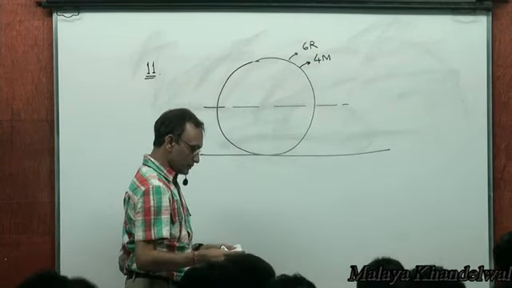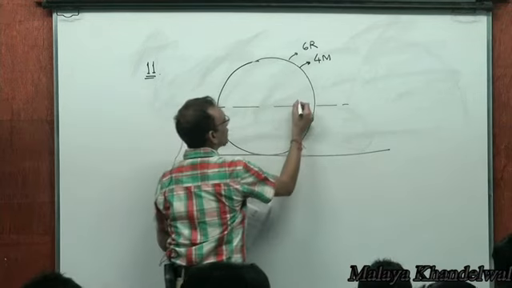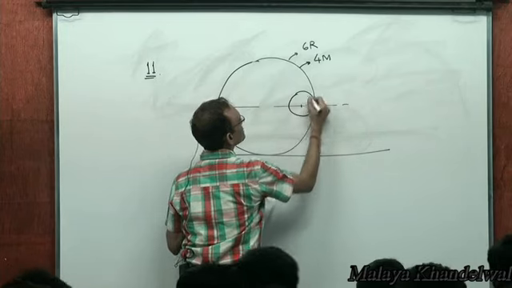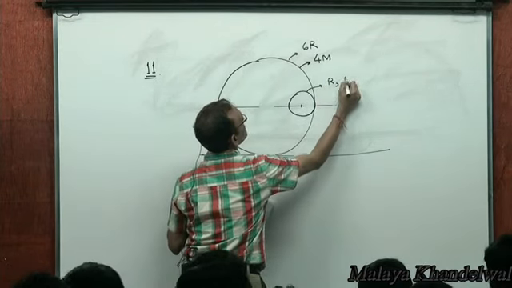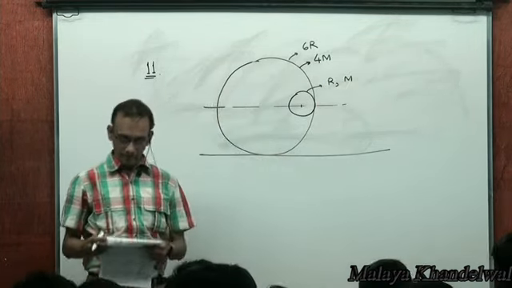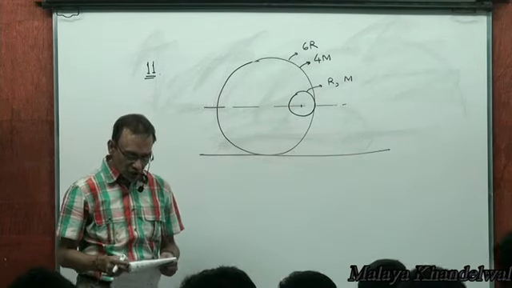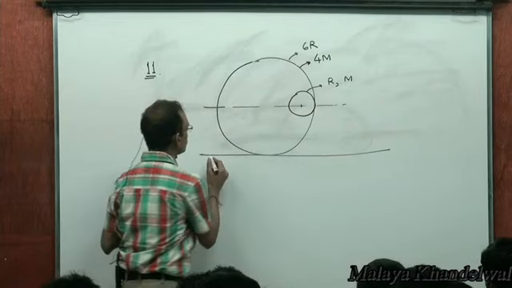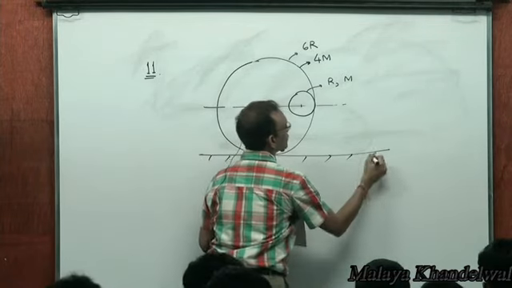The small sphere has radius small r. This is a small sphere which is right here, has radius r and has mass small m, right? The arrangement is placed on a smooth horizontal table.